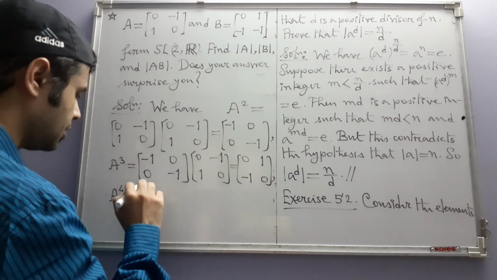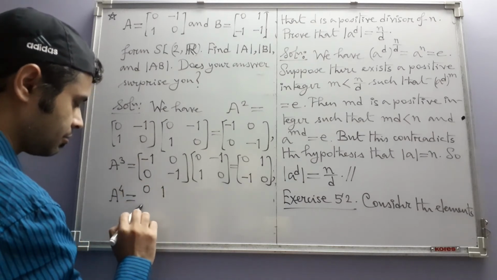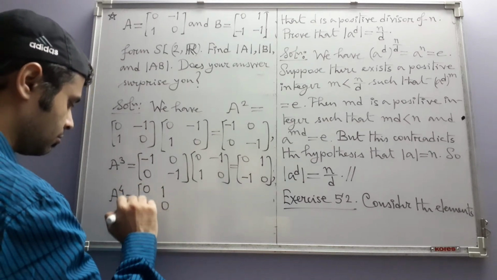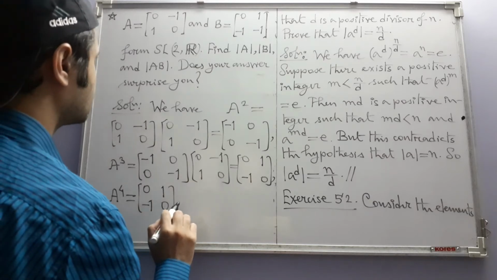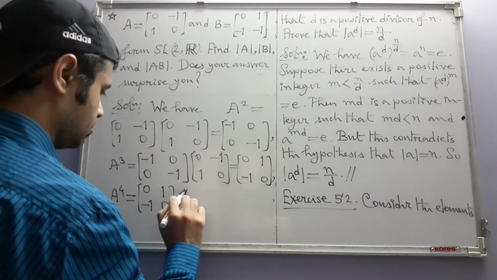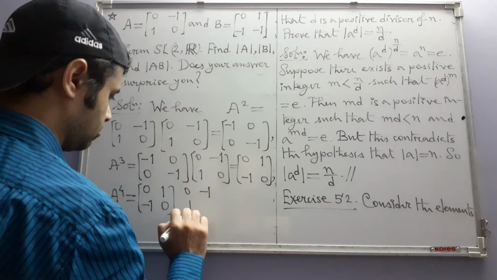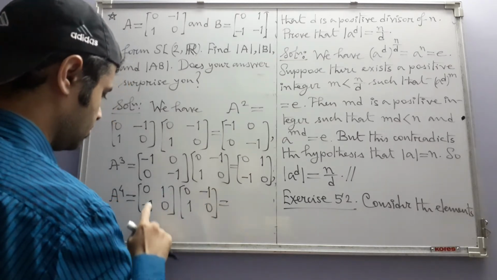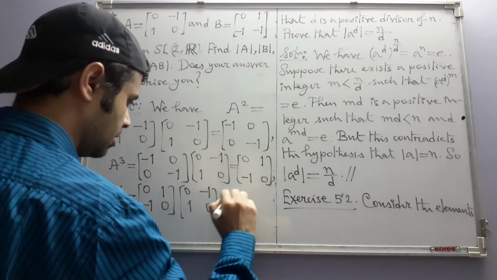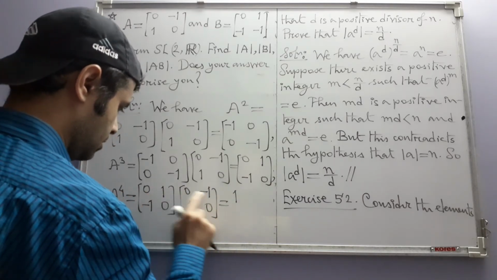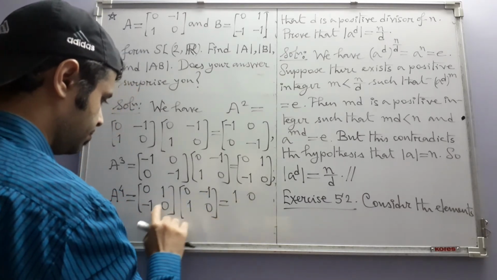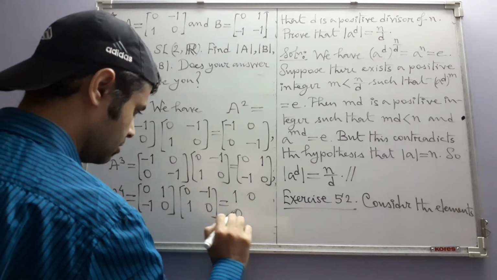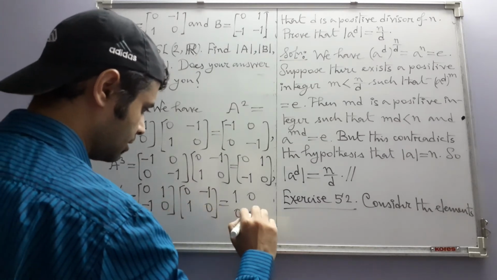So this is A cube times A. Zero plus 1, 1. 0 plus 0, 0. 0 plus 0, 0. 1 plus 0, 1. Yes.